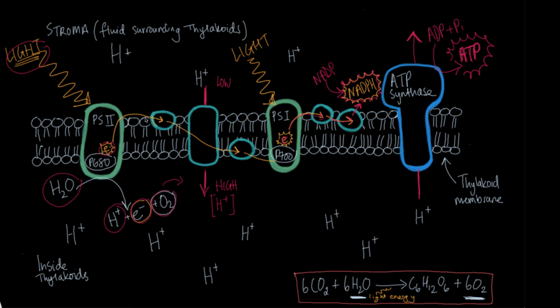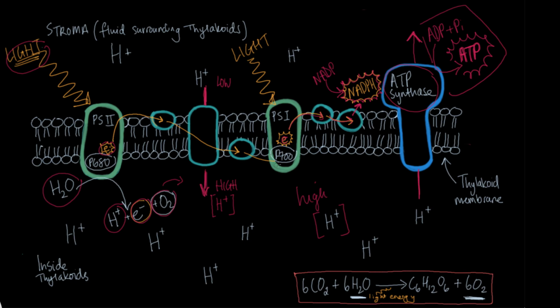So we use the energy from the electron to pump protons from low to high concentration, that's active transport, requires energy, to create a high concentration of protons on this side of the membrane. That allowed those protons to then flow from high to low through ATP synthase, and we then made ATP. So one of the products of the light-dependent reaction is ATP.